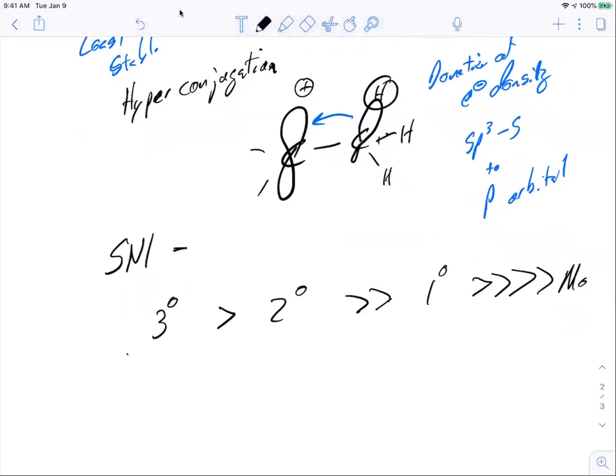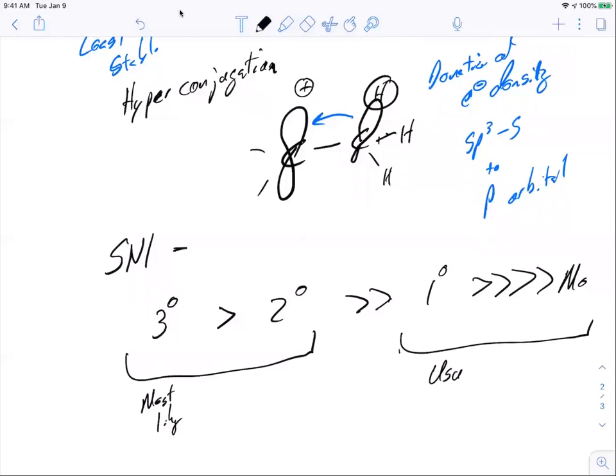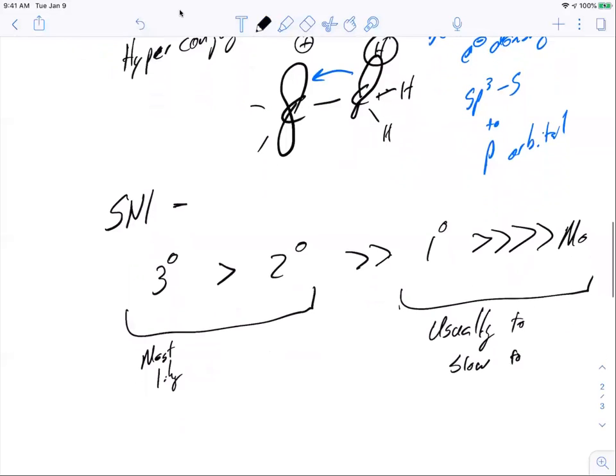So in an SN1, it's the tertiary that is the most likely. And then by the time we get to primary, we really say it does not react because it's too slow to see what's going on.